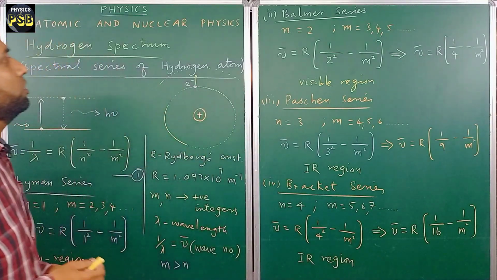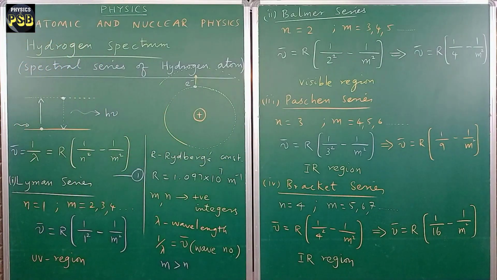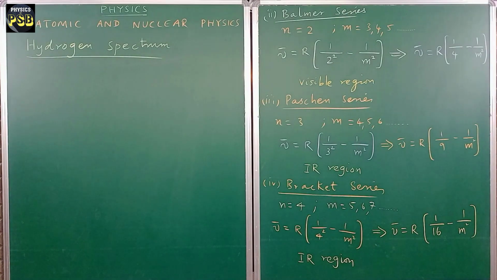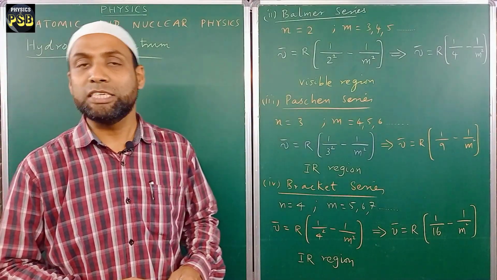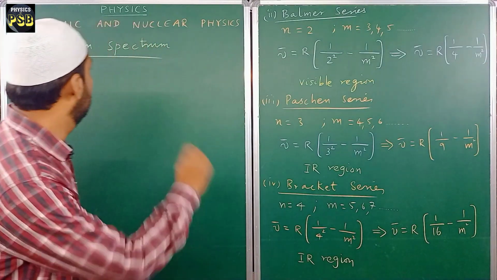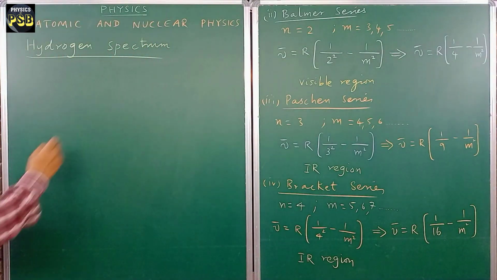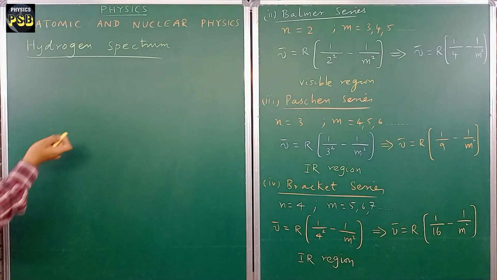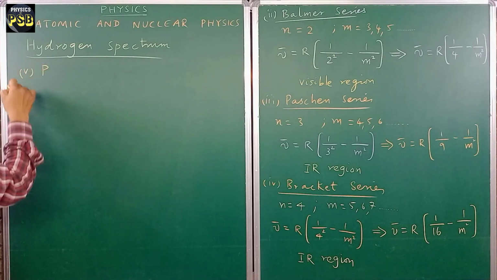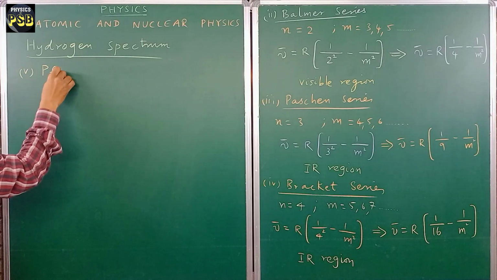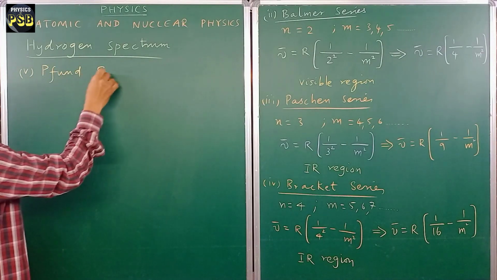So these are all the spectral series of the hydrogen atom. There is one more left that we will discuss now. Let me tell you how we get the fifth series of the hydrogen spectrum. The fifth series is named Pfund series, the P is silent.